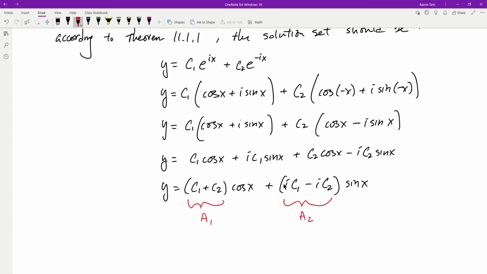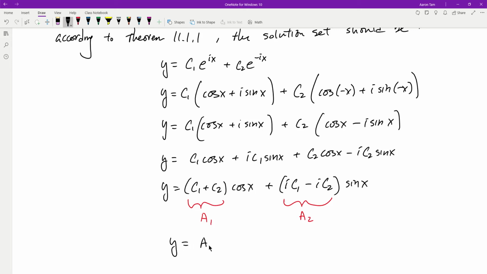I just have to allow the coefficient to be real or imaginary. Unlike a real characteristic root, where the coefficient in front of the function must be real, if we have complex characteristic roots, that opens up the possibility for the coefficients to be complex also.